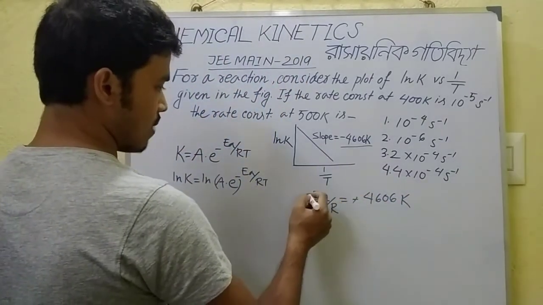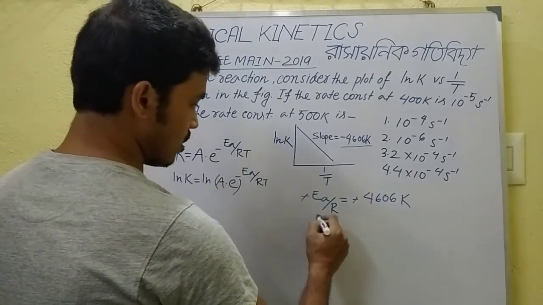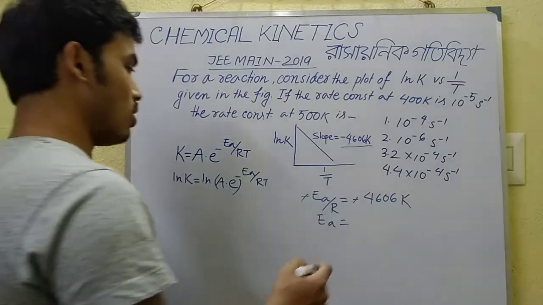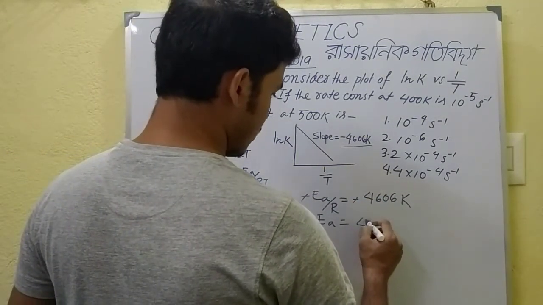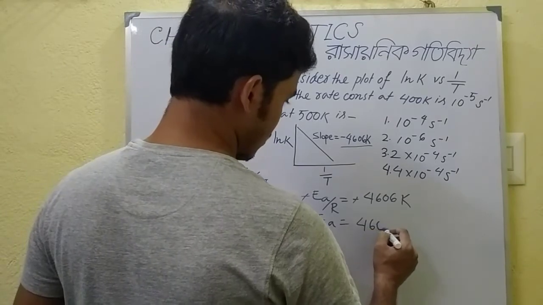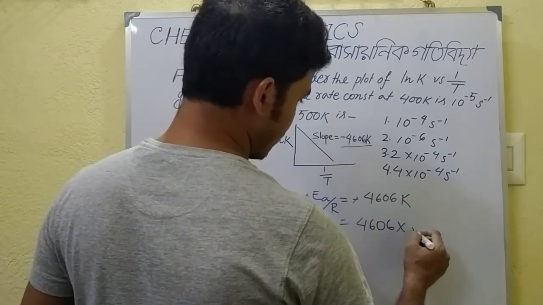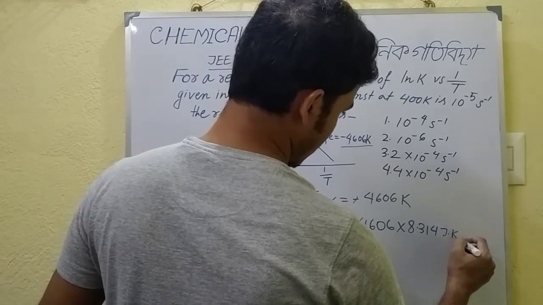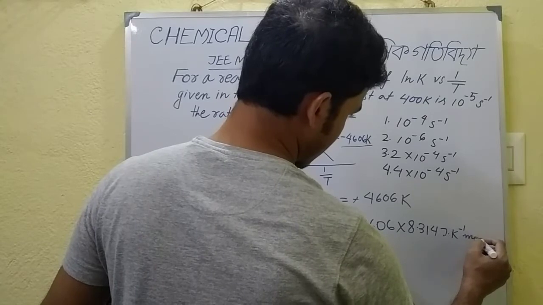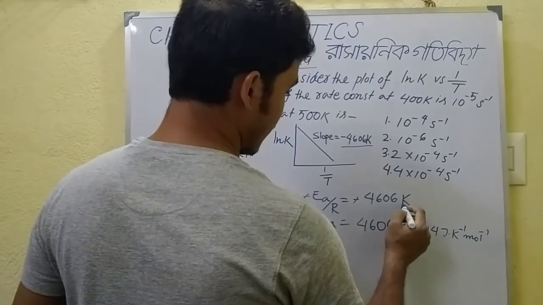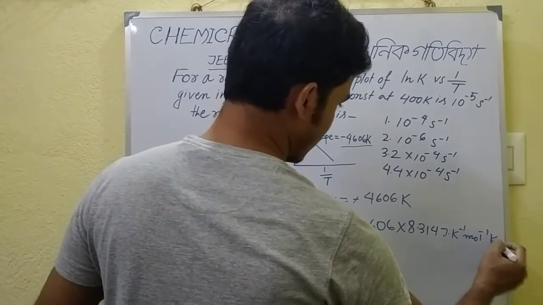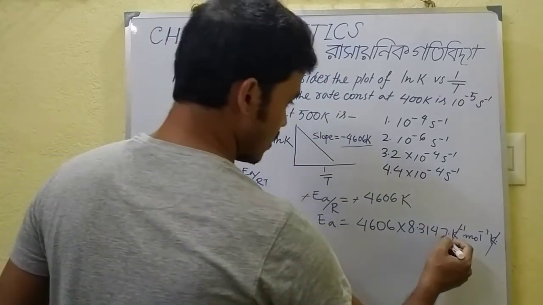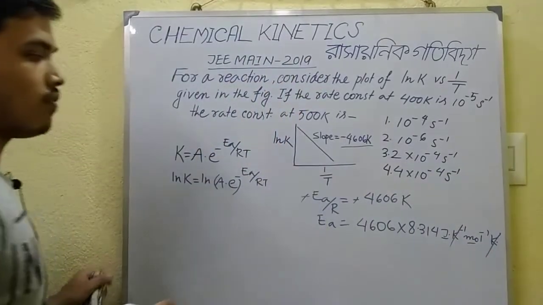Now we cancel the minus and minus terms, so EA is equal to 4606 into R, and we put the value of R in joules, that means 8.314 joule Kelvin inverse mole inverse. Kelvin and Kelvin inverse will be cancelled out, and this will be joule per mole. So we got the value of EA.